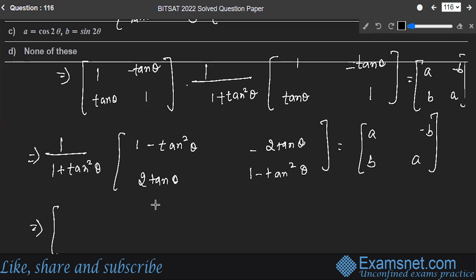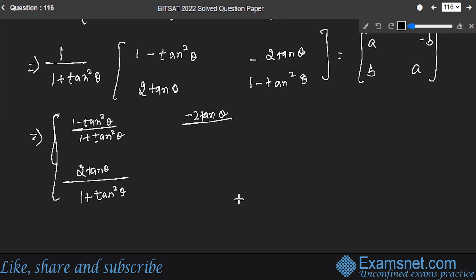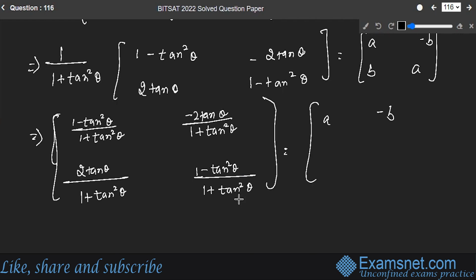Let's open up. You will have 1 minus this upon 1 plus this, 2 tangent theta upon 1 plus this, minus 2 tangent theta, and here is this. Okay, this is equal to a minus b and a.